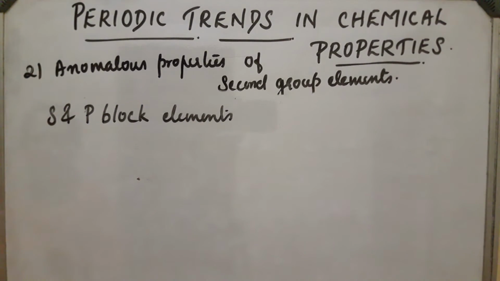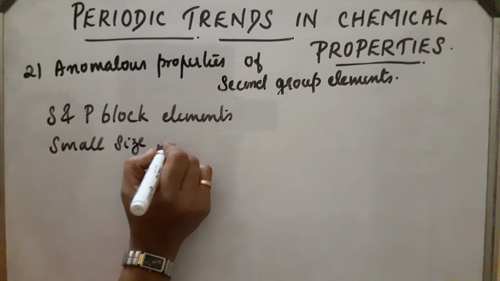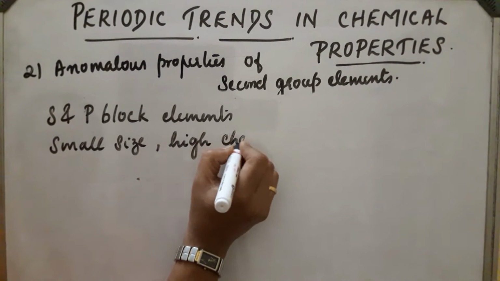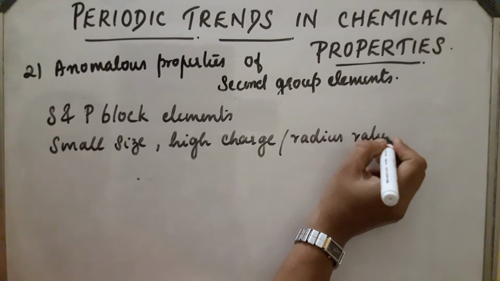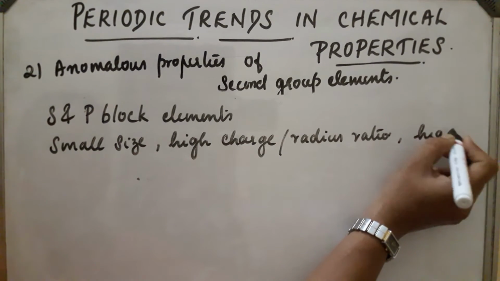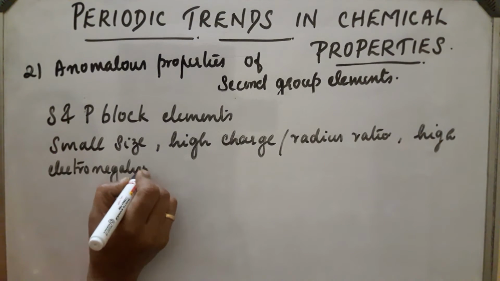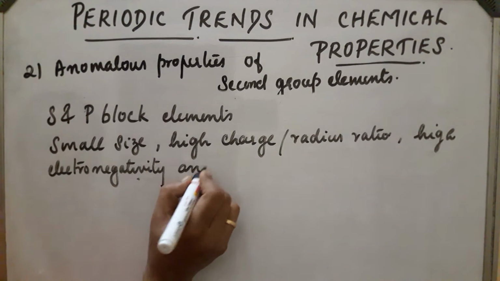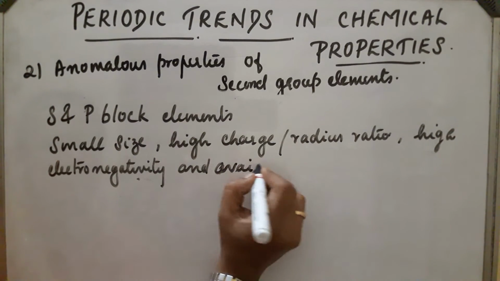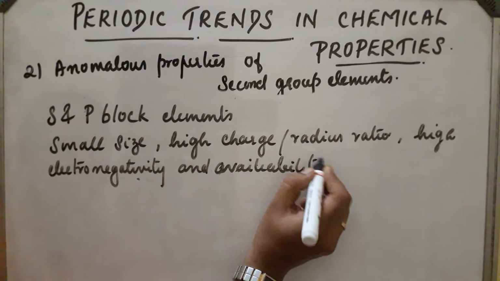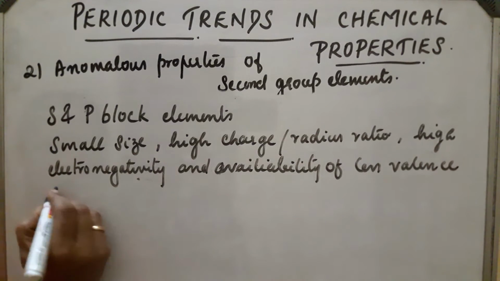The reason for this is small size, high charge by radius ratio, high electronegativity, and availability of fewer valence orbitals. Less valence orbitals.